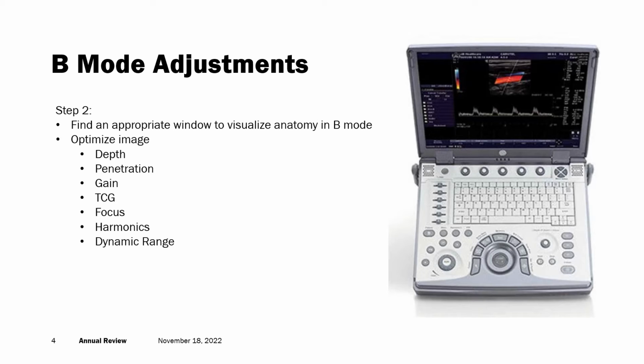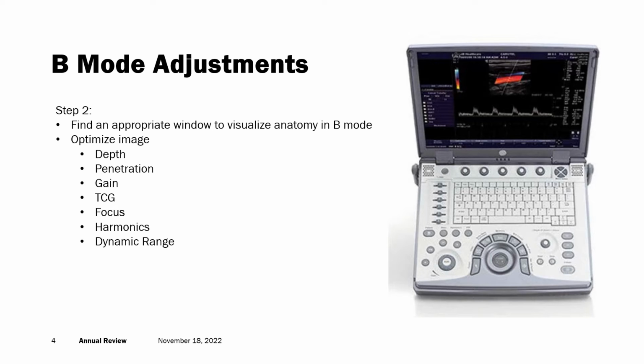And then be aware, though, that there are going to be different windows, as we call them, for every patient. So, one patient, you might see a beautiful aorta right at their midline in the mid-sagittal plane. Another, you might actually have to move to the patient's right or to the left, or even come from a coronal view to get the image of the aorta because of overlying or obscuring bowel gas.